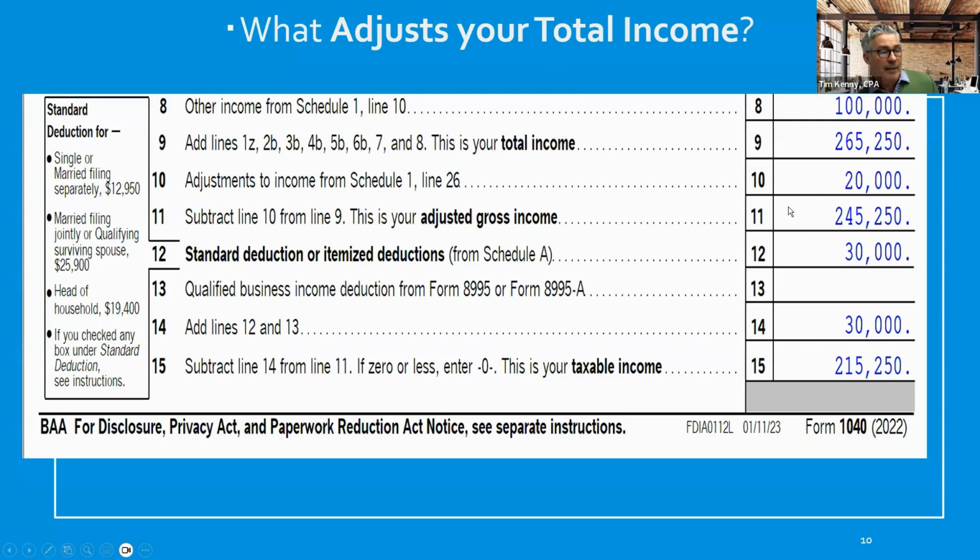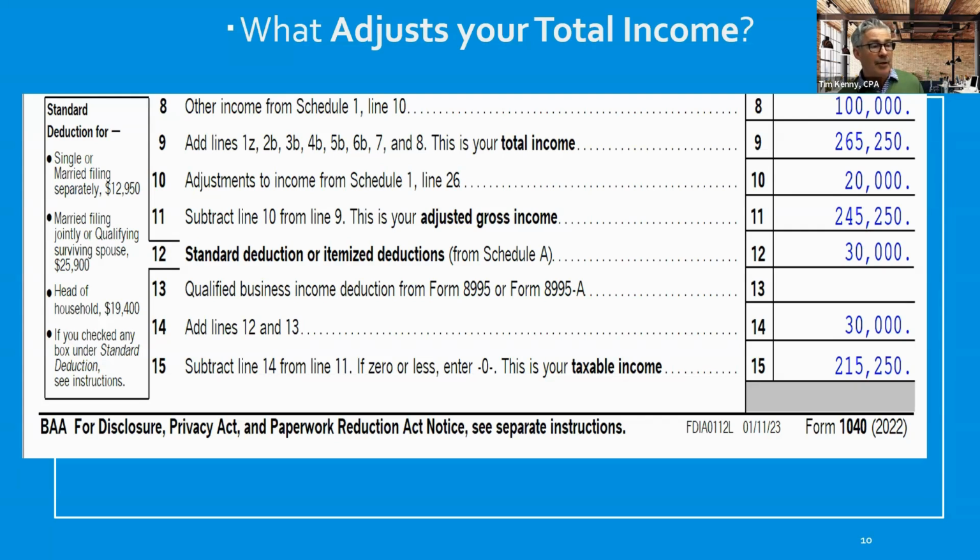Another adjustment, not necessarily for a business owner, might be HSA contributions that are not made by an employer. So if you're making those on your own, that would be another example of an adjustment. So they're valuable.